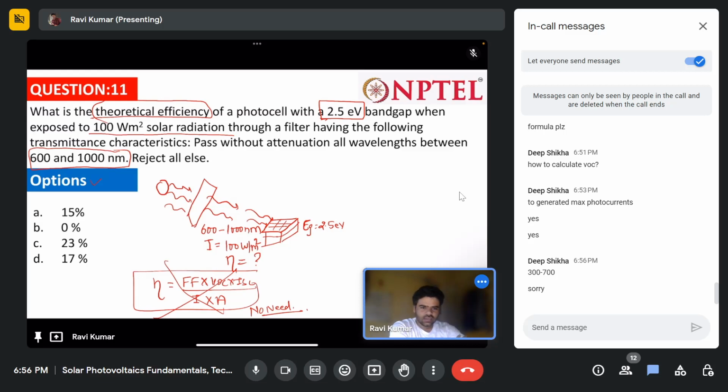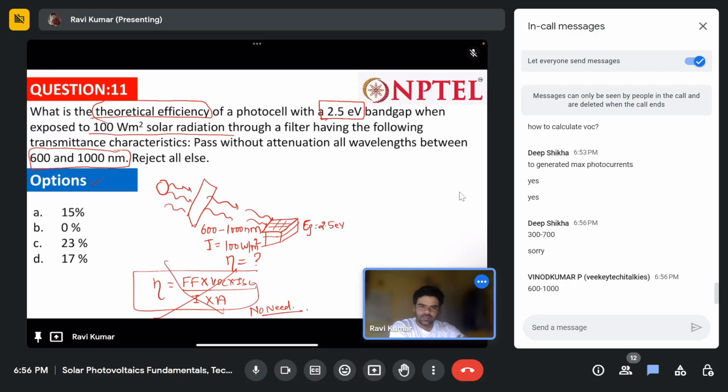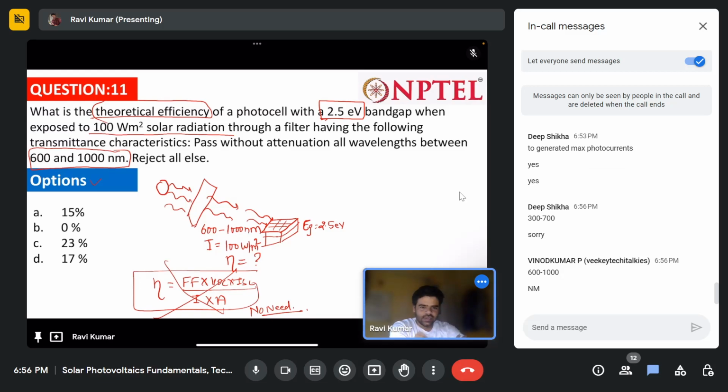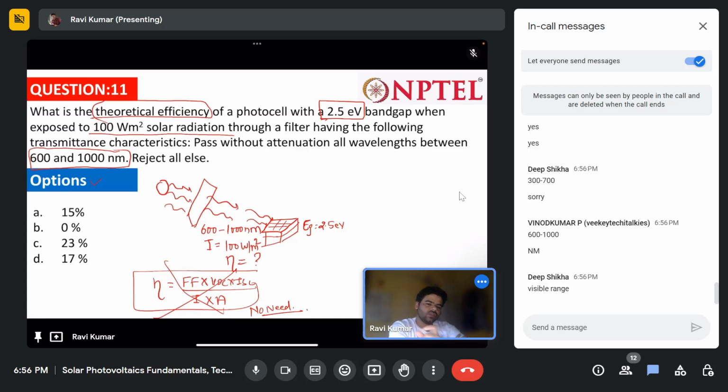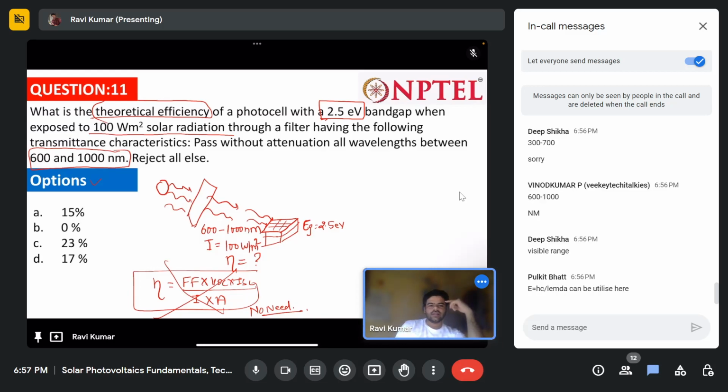Deepsika, 600 to 1000, yes, we know, nanometer. It is not the visible range. Yeah, 300 to 700 is the visible one.